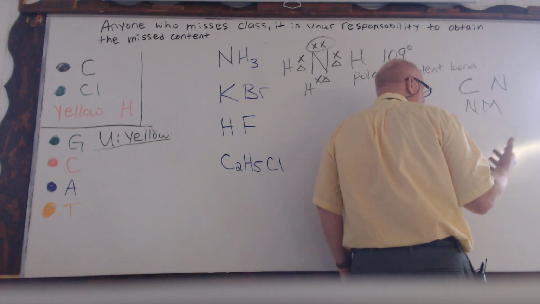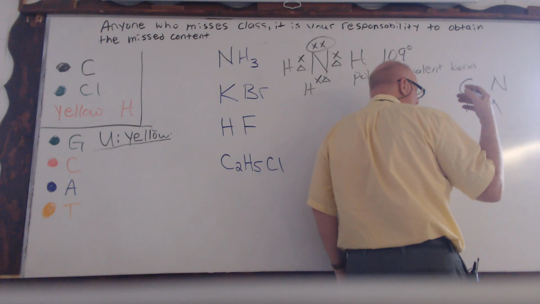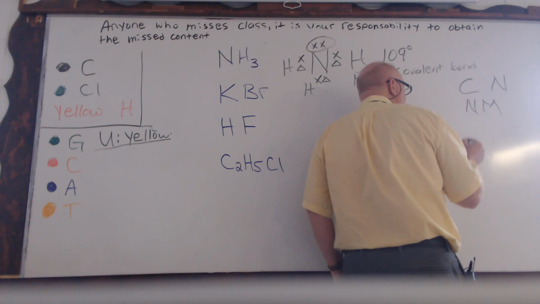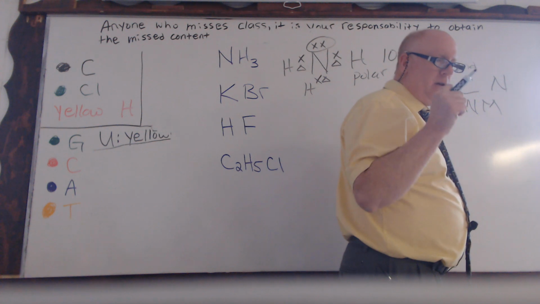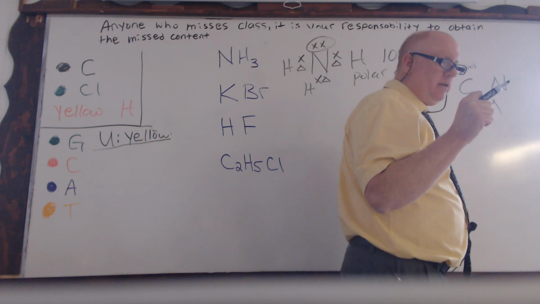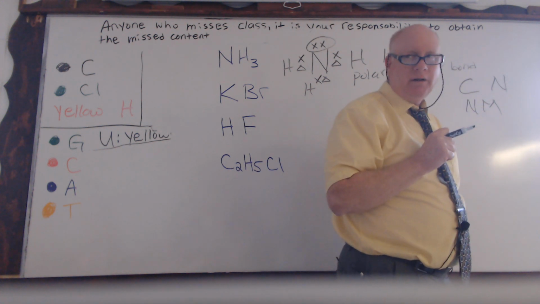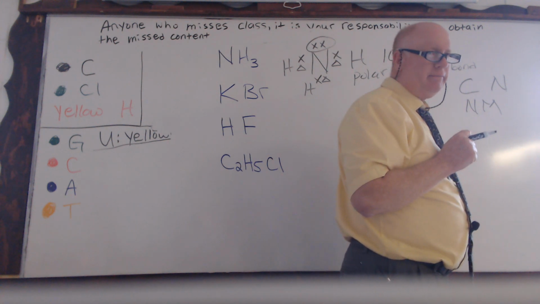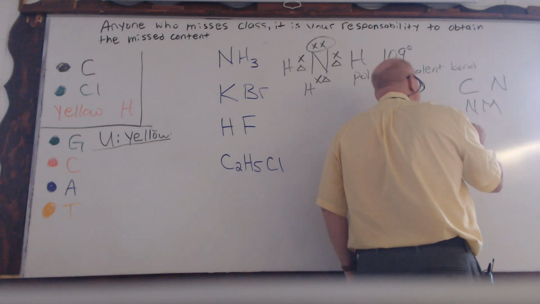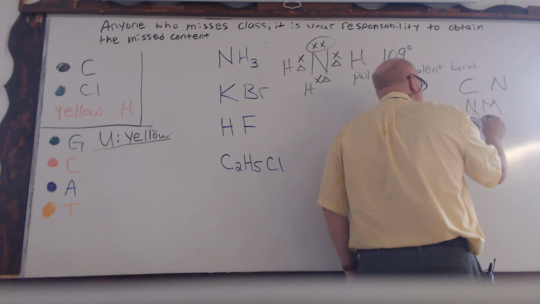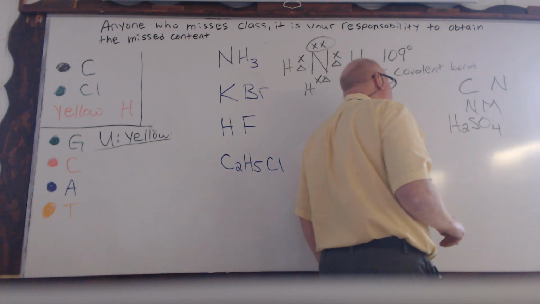Well, what happens if you have all non-metals in there? We'll finish up with that a little later. I want you to pick phosphoric or sulfuric. Sulfuric. It sounds good. We'll come back to this and we will actually end with that.